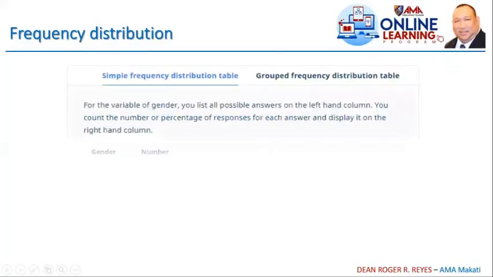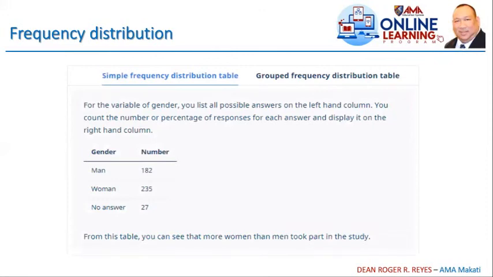What is frequency distribution? So we have simple and group frequency. For the variable of gender, you list all possible answers on the left-hand column. And then you count the number or percentage of responses for each answer and display it on the right-hand column. Ito raw yung nasa left. Ano ba ang mga possible answer?